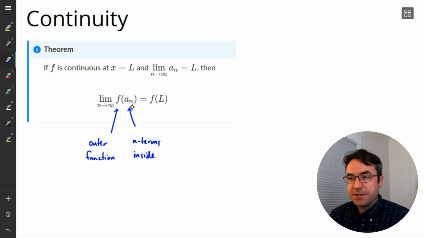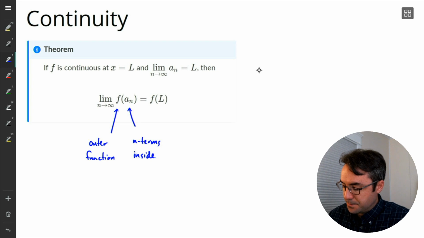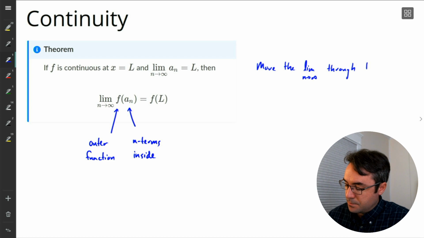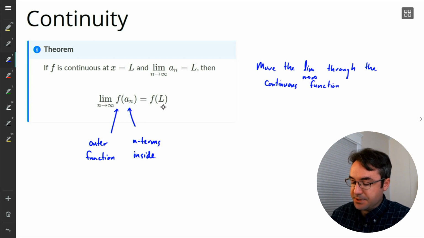So we can look at just the limit of those inner terms. This only works with continuous functions, and the continuous function has to be defined at this number L.